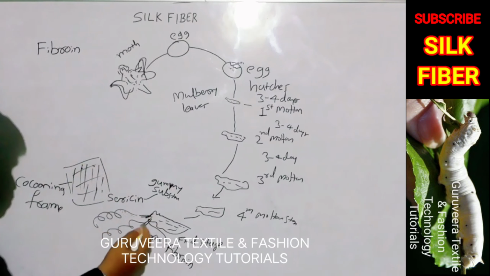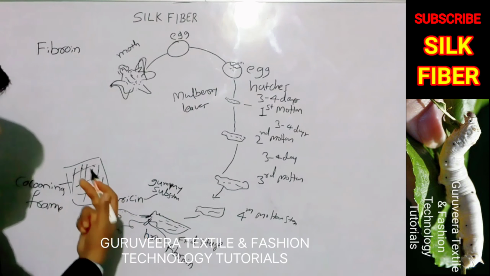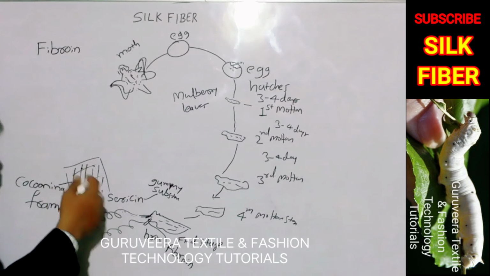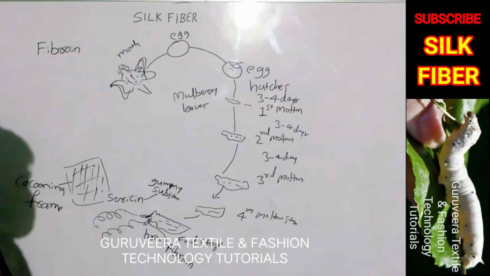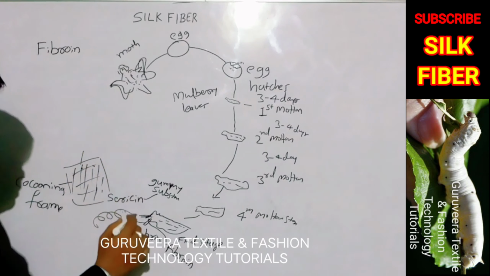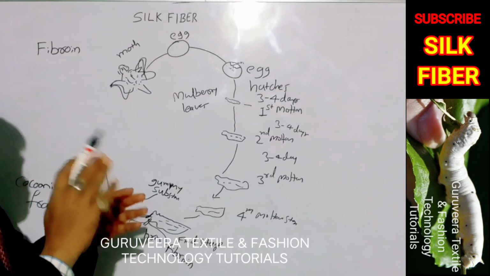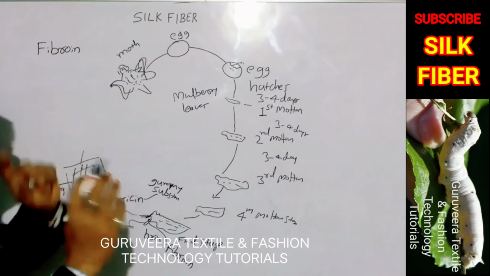When the silkworm has finally grown and the time has come for excretion of the filament, all these hundreds of thousands of silkworms start producing cocoons. How is it producing cocoons? While it is extruding, it takes the dried, hardened filament around its body.